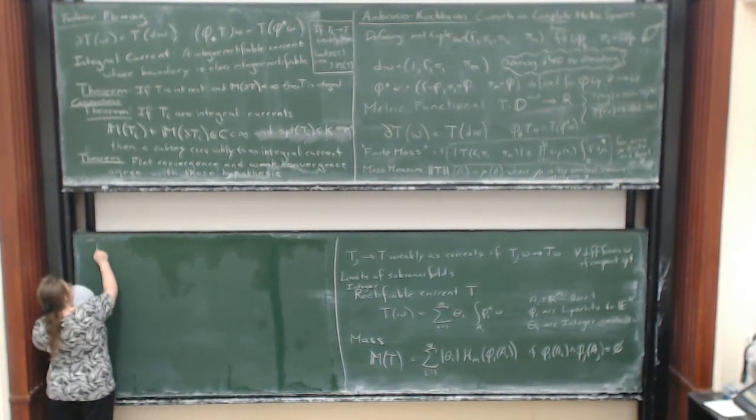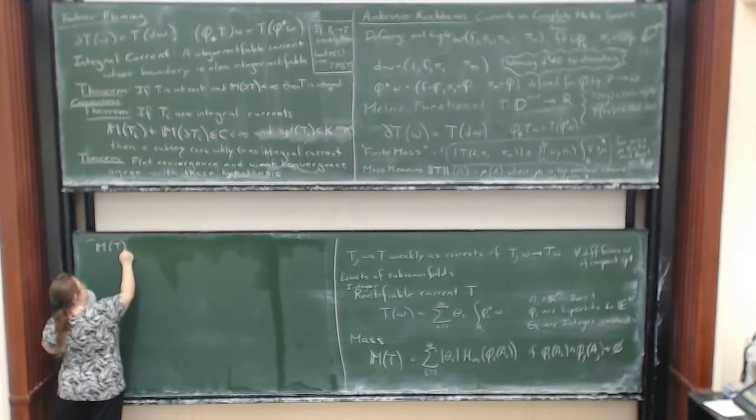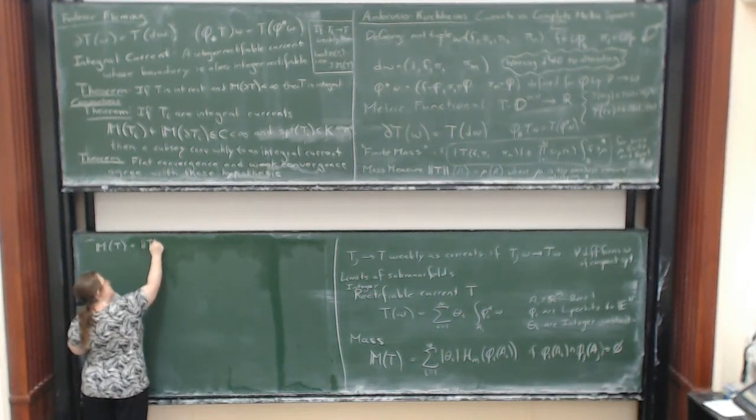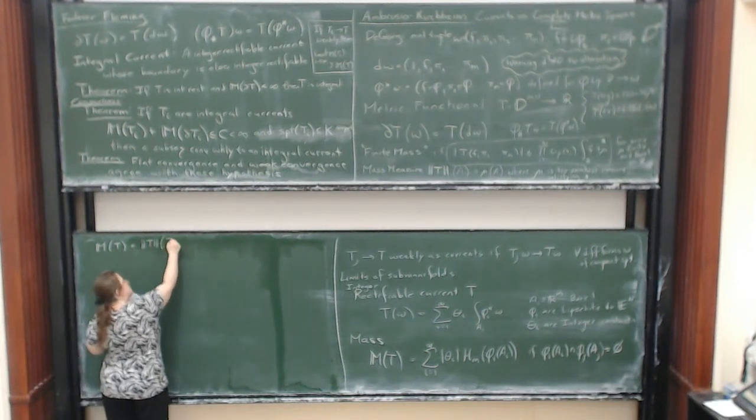Actually, I'll write that here. M of T is the mass measure of T acting on the whole space Z.